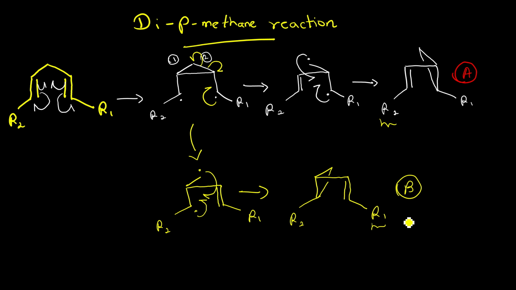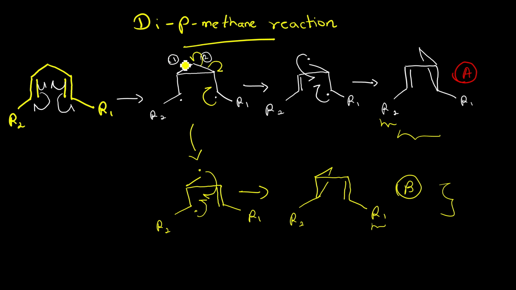Now, these are the two products that can be formed through this reaction mechanism. Let's say in certain cases we have only product A or product B. In those cases, how can we say which product forms? The formation of either of these products is based on the strength of these two bonds.